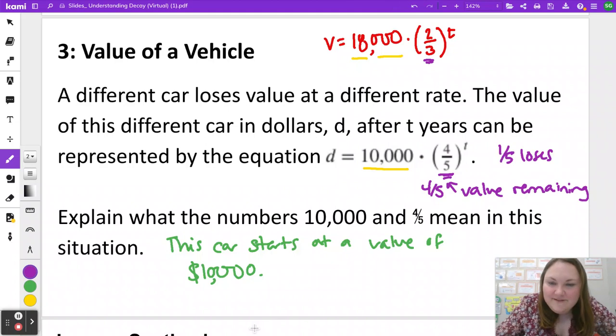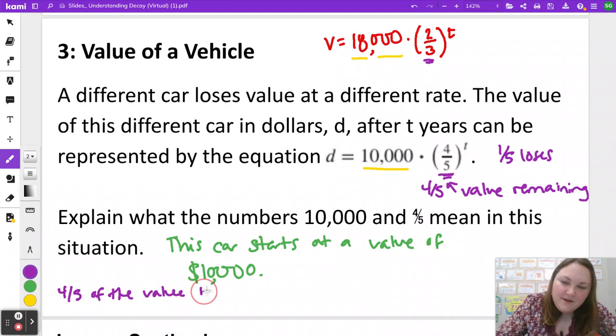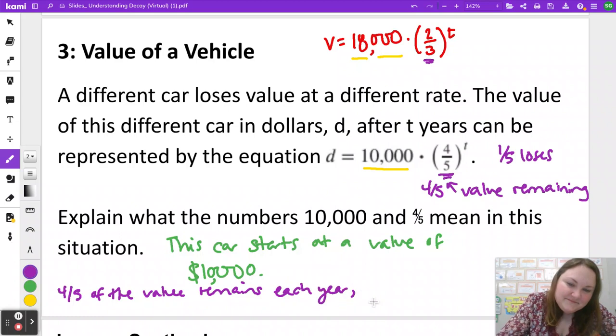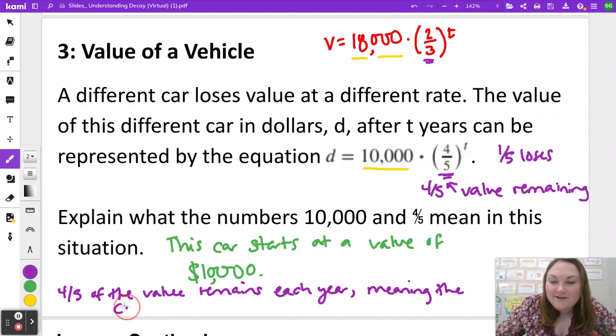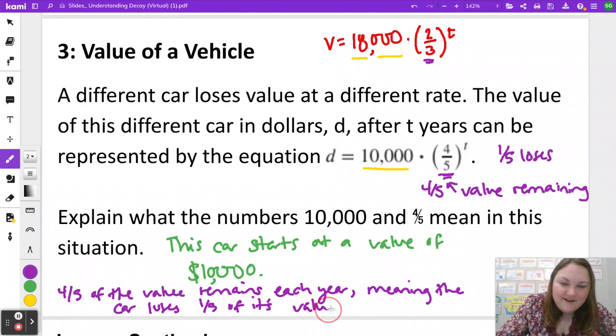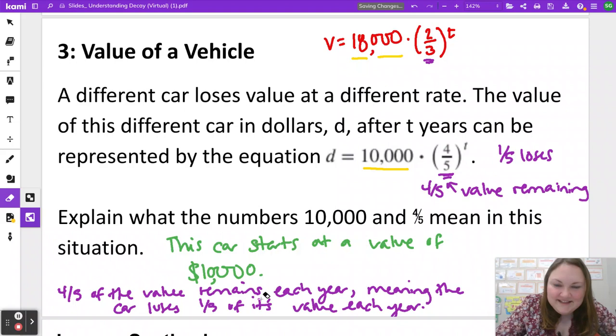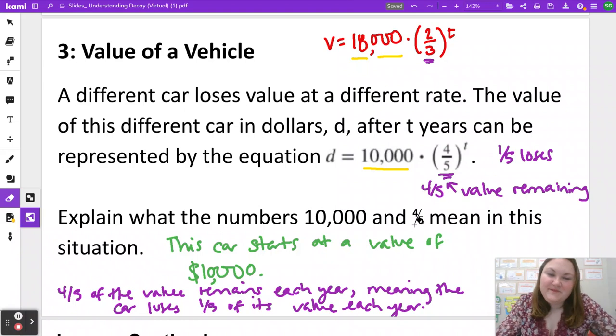So here for the 4/5, I could say 4/5 of the value remains each year, meaning the car loses 1/5 of its value each year. And so that is our interpretation of that fraction 4/5.